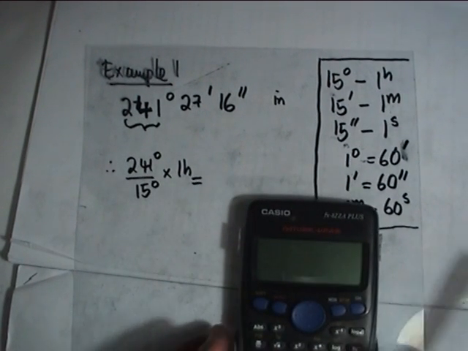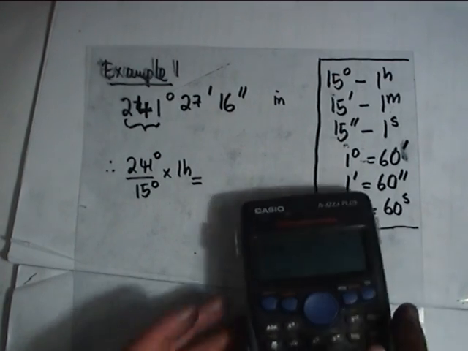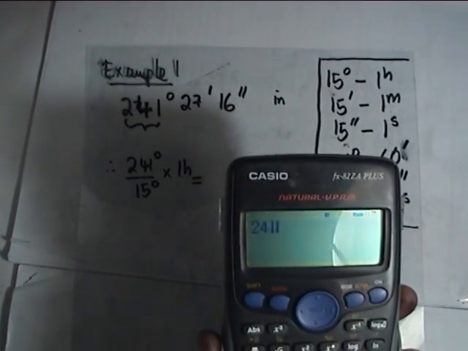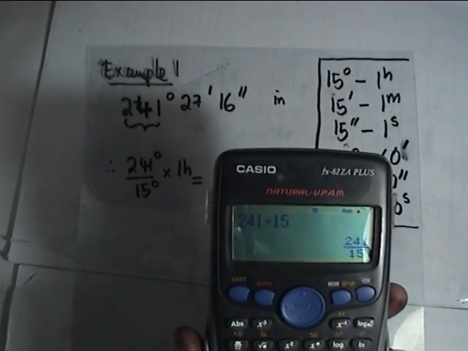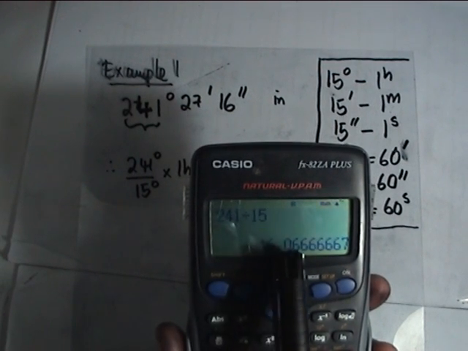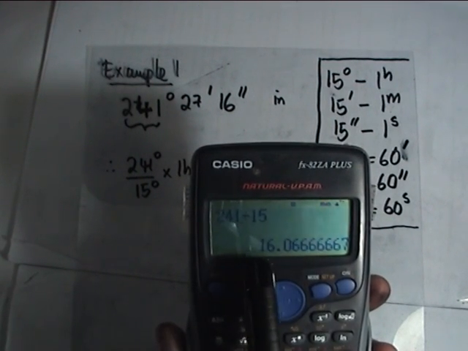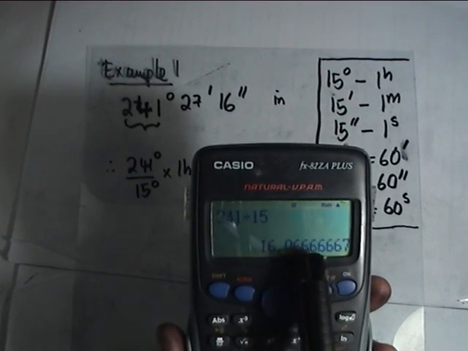I don't know if you can see my screen, but if you can't, you can just take your calculator and see how to do it. 241 divided by 15, we see that there are 16 point something, which means 16 full hours and a decimal of an hour.